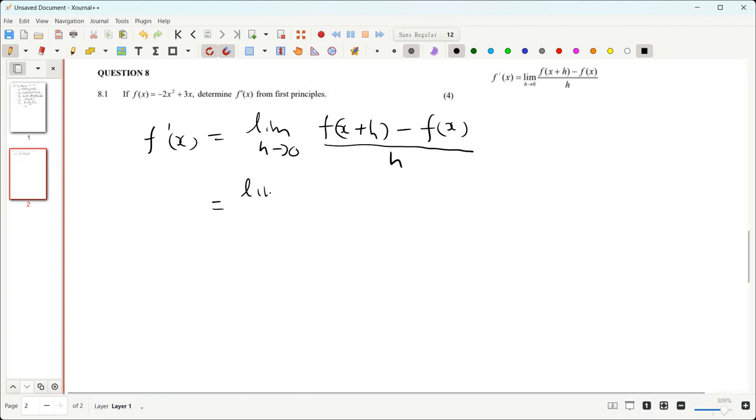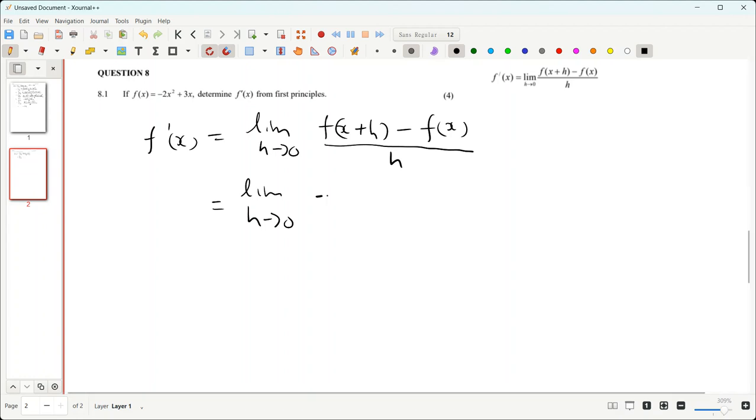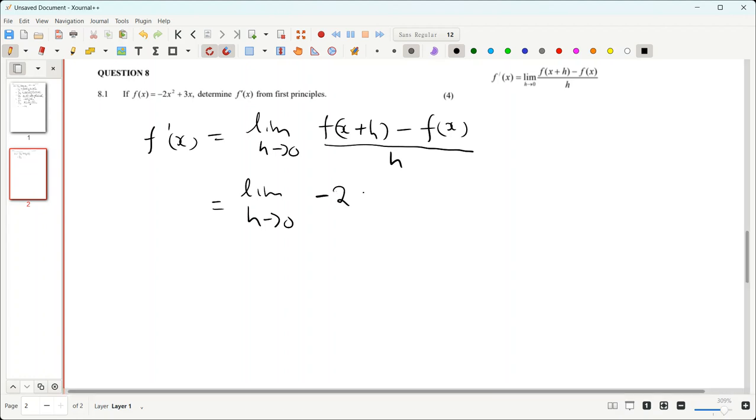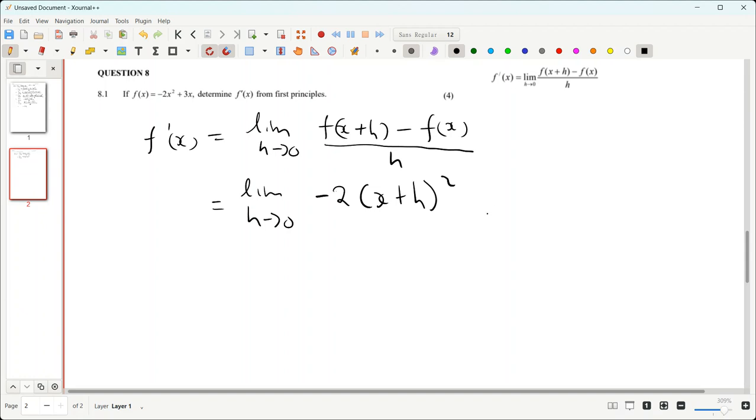So it will be lim h tends to 0, and then f. In the place of x here, we can just put x plus h. So we have minus 2 in the place of x, x plus h, and we need to remember that we need to square it, and then plus 3x.